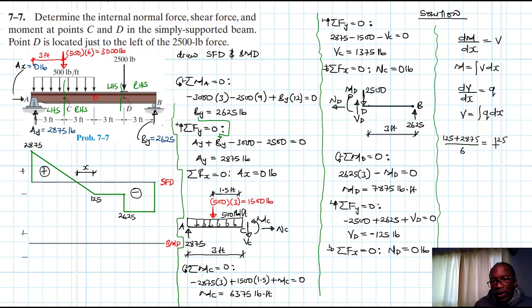So 125 divided by x, and therefore x is going to be equal to, let's calculate it, 125 plus 28.75 divided by 6, and then we have 125 divided by 500. Therefore x is equal to 0.25.